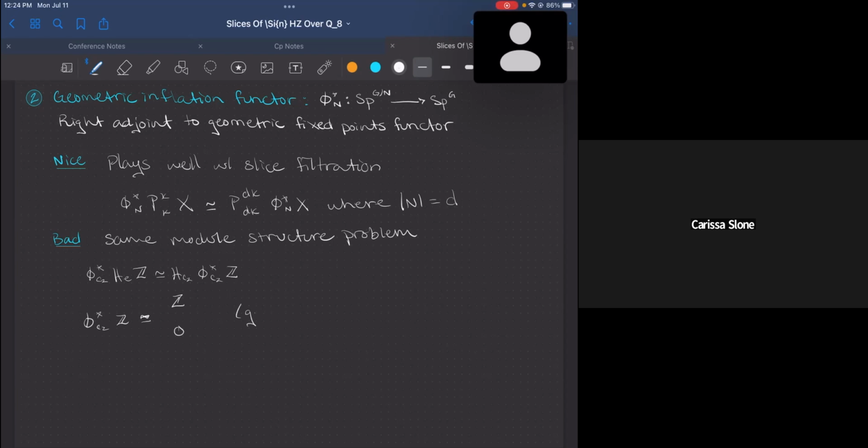This is what's called a geometric Mackey functor. Well, again, we need the restriction followed by the transfer to be multiplication by 2. But there is no way that restricting and then transferring back up is multiplication by 2.